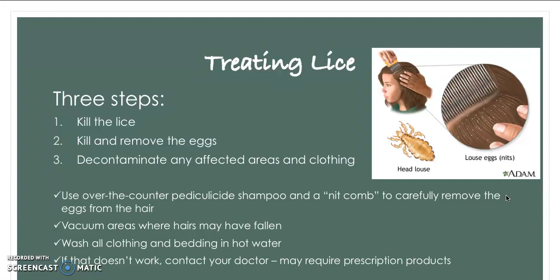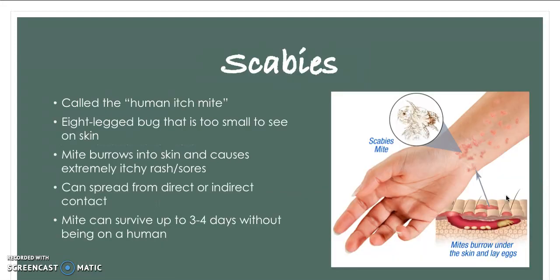So you're going to want to vacuum up everywhere that the person has been, and wash all clothing and bedding in super hot water. That's important. And if it doesn't work within a couple of days, you're going to want to contact your doctor, as it may require prescription products to really treat it and get rid of it. Other members of your family don't need to have the treatment unless they notice any lice on their body.